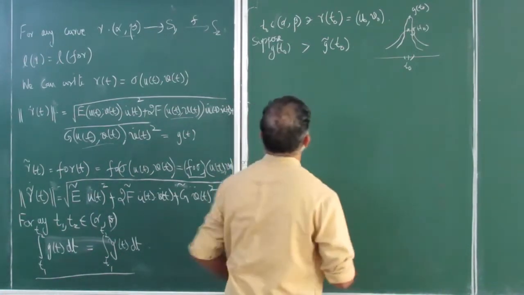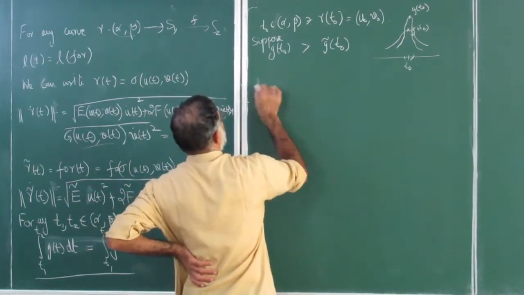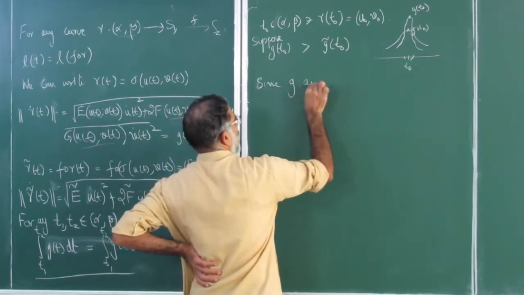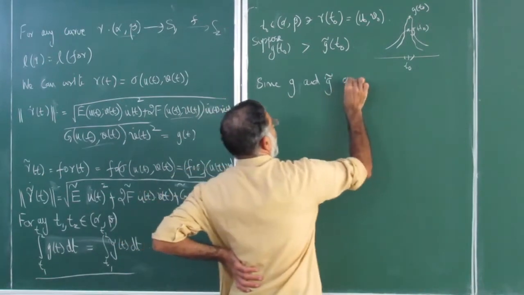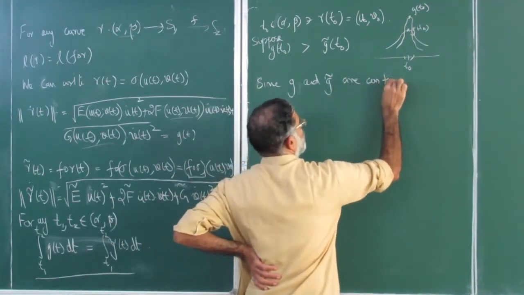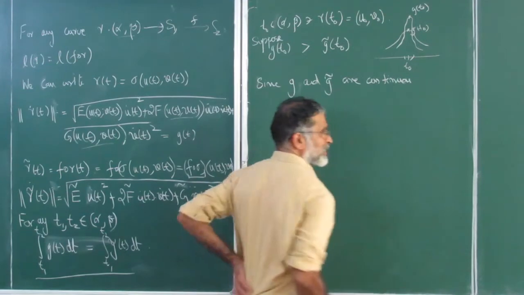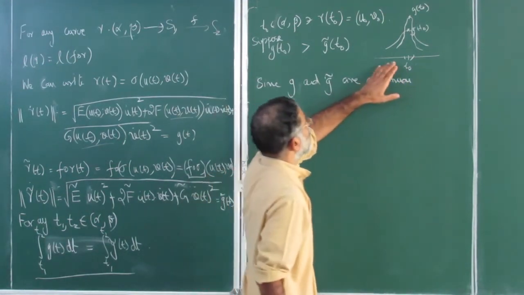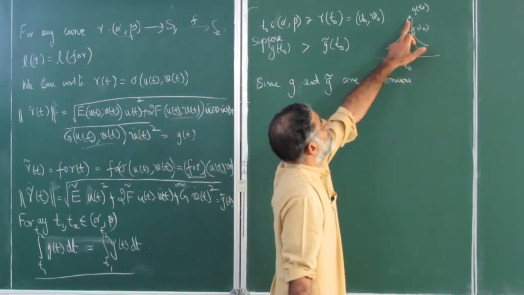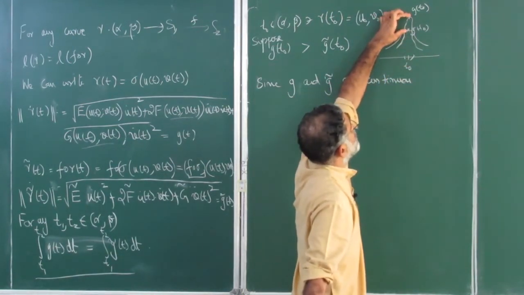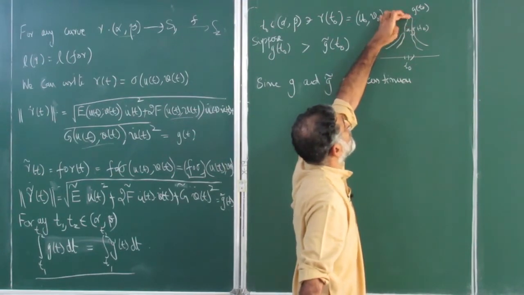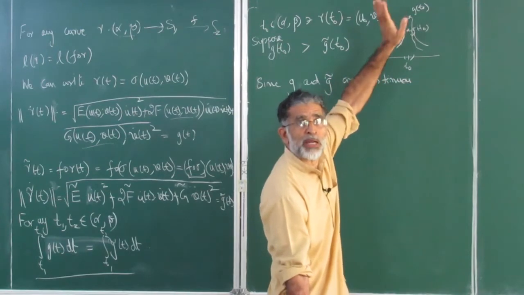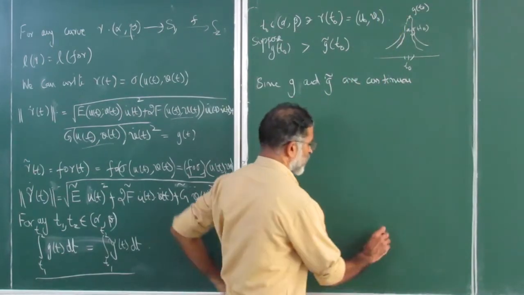So hence, since g and g tilde are continuous, that is enough. In fact, just the epsilon delta definition would do. There is a neighborhood such that this difference is bigger than some number, and then take half of it.